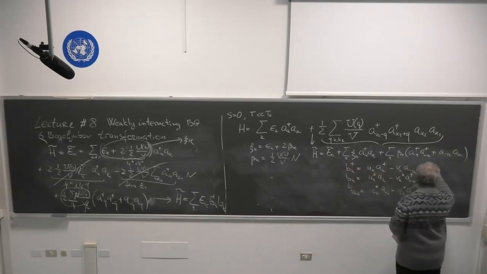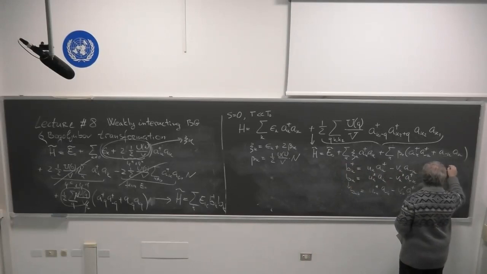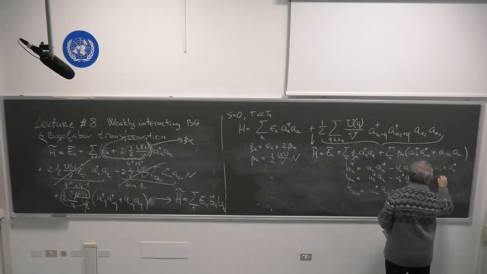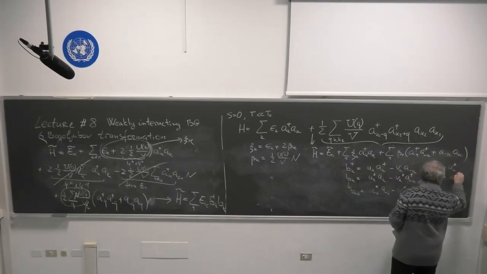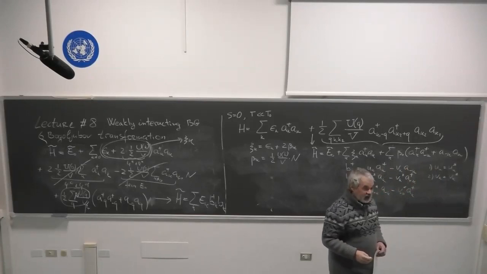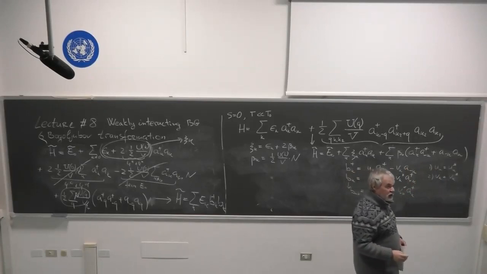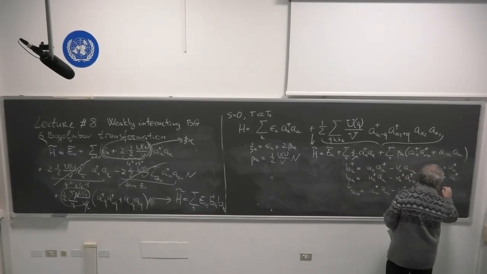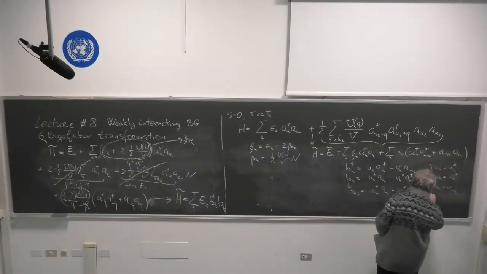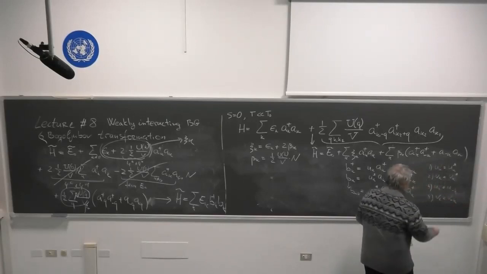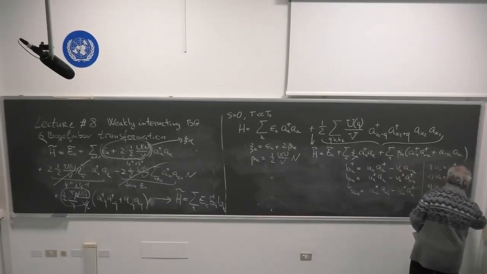So first, I assume that u k is equal to u k dagger, and second, that v k is equal to v k star. So these functions are real. The second conjecture is that u and v are going to be even functions of k. Namely, u k is equal to u minus k, and v k is equal to v minus k. These all are conjectures.